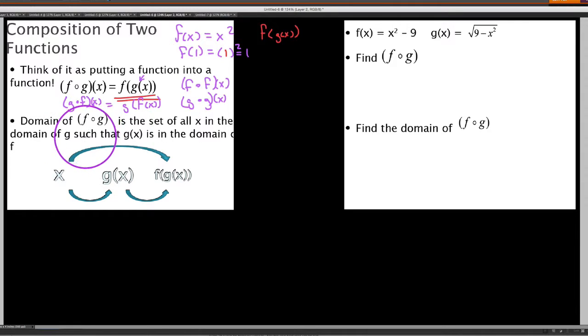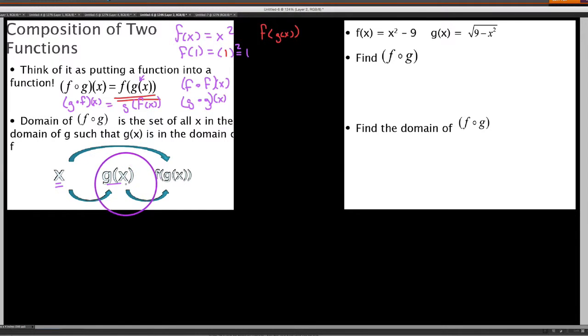So really quickly here, I want to talk about domain. As a matter of fact, we're going to come back to this. I've got a nice little trick for you to be able to find the domain of compositions, but I do want to say this. The domain of the composition is really the set of all x in the domain of g, such that g of x is in the domain of f. So in other words, we have some initial relation, g of x, that we're plugging into f of x. Initially g of x had all of these x values in its domain, and when we plug them in, we get some outputs, or g of x values.